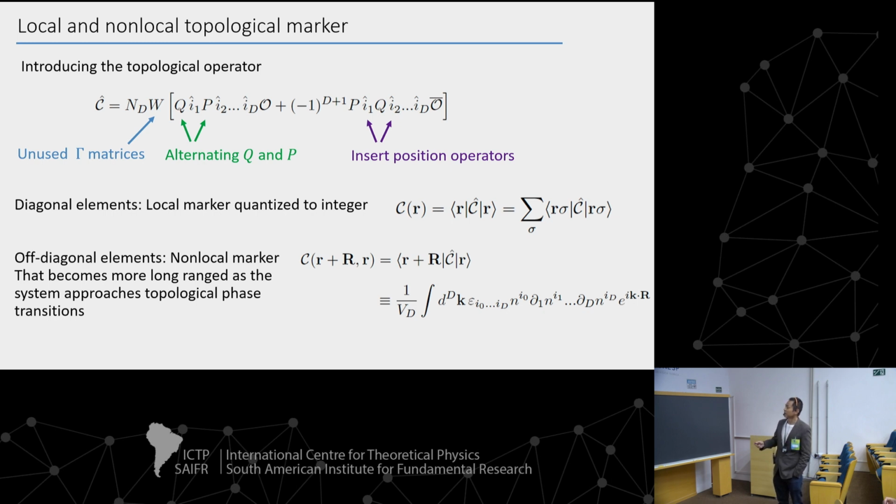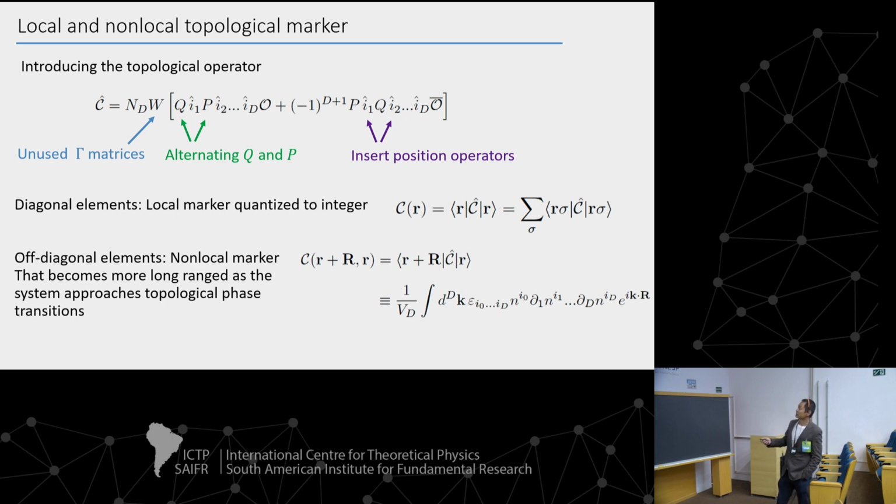Now, this thing is interesting because it should be able to detect the topological phase transition in any material. The reason is that although the integral of this thing should be a quantized topological invariant, if you consider the Fourier transform of this, the integrand itself should become more and more diverging as you approach a topological phase transition.